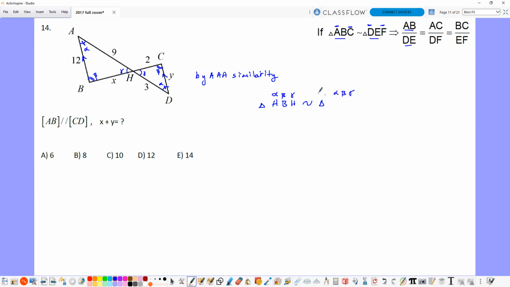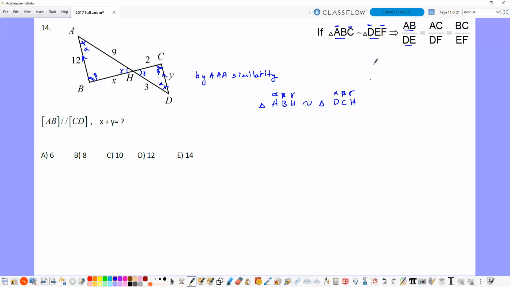Which angle represents alpha? D. So it's written here D. Which angle represents beta? Here C. And the last corner is going to be H. So ABH is similar to DCH.